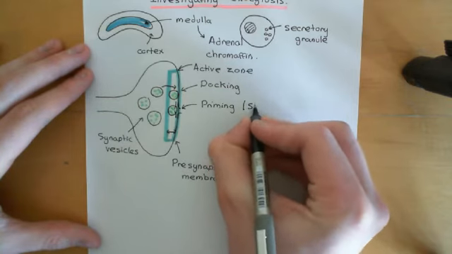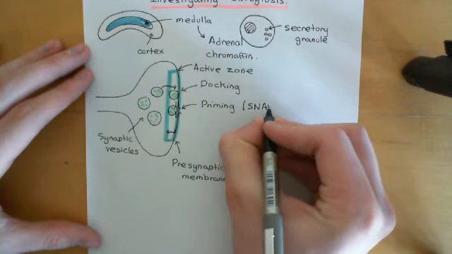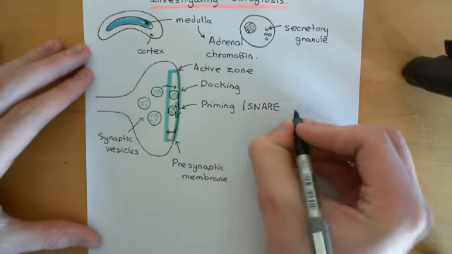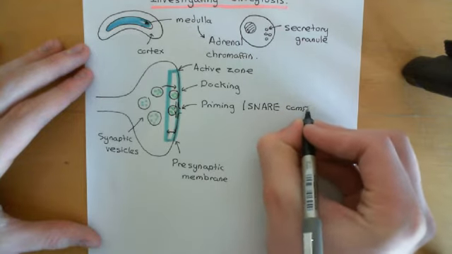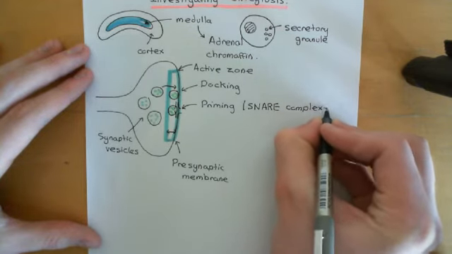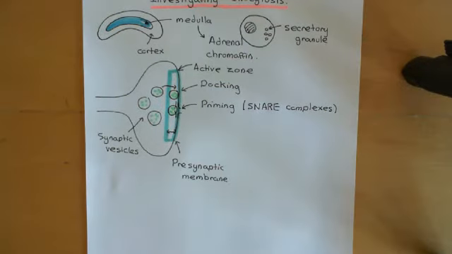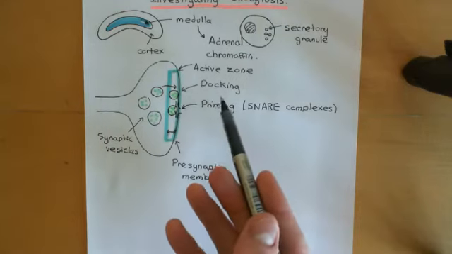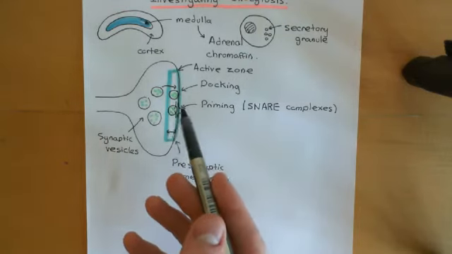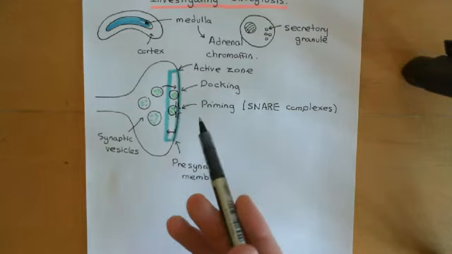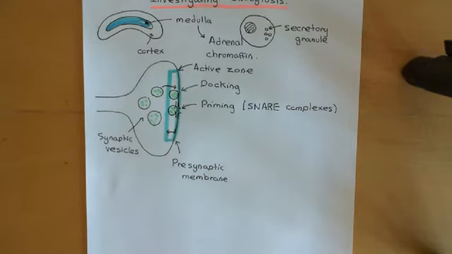Okay, so priming is done by snare complexes, and there is still debate as to whether the snare complexes are the things which are involved in docking as well. Maybe it's the case that priming and docking are actually the same thing. They're both mediated by the snare complexes, but we think there are probably other proteins that are involved in bringing it here prior to the actual priming process, which is the formation of the snare complexes.